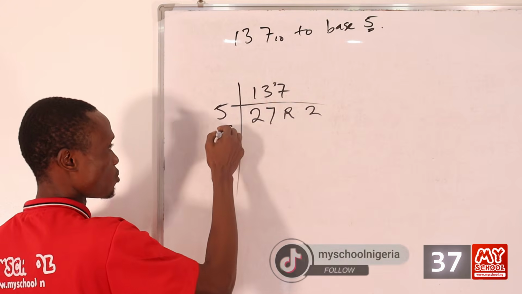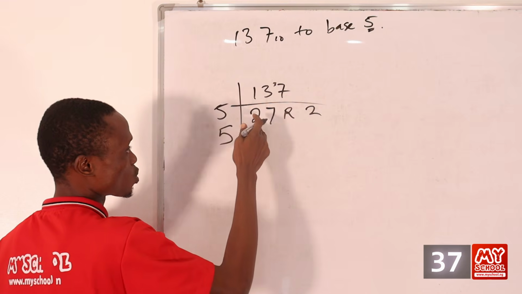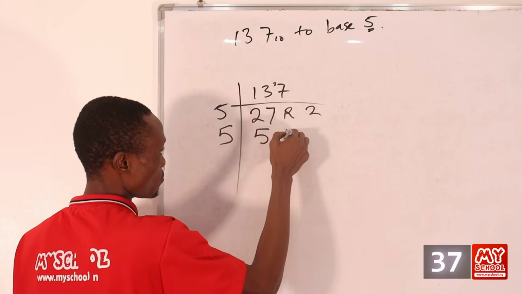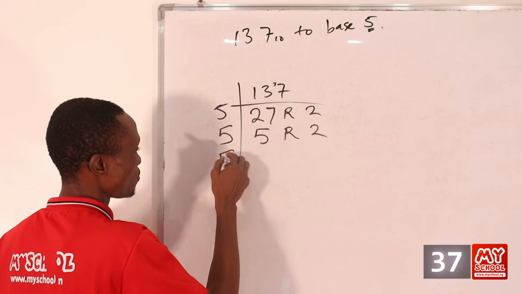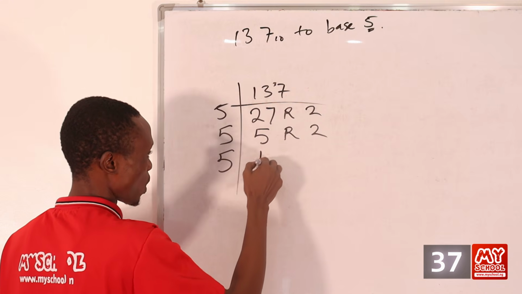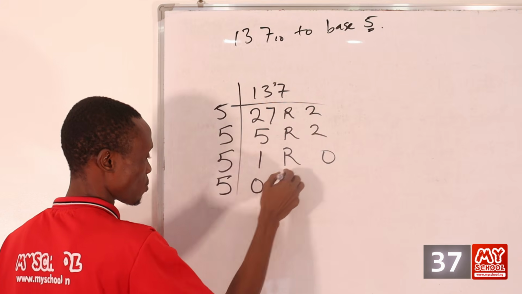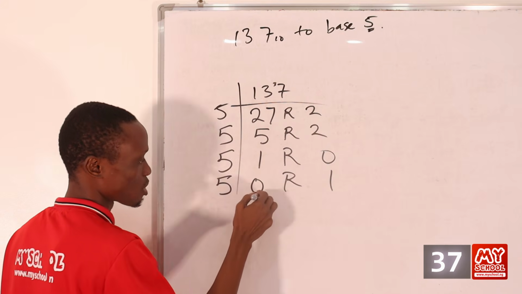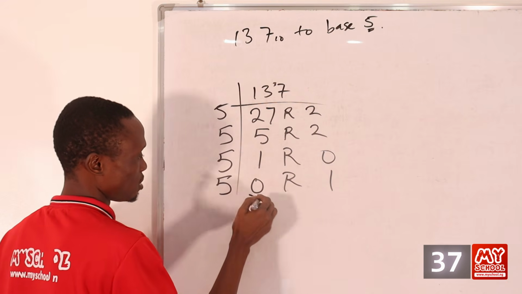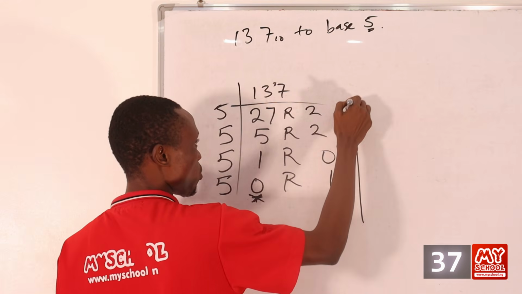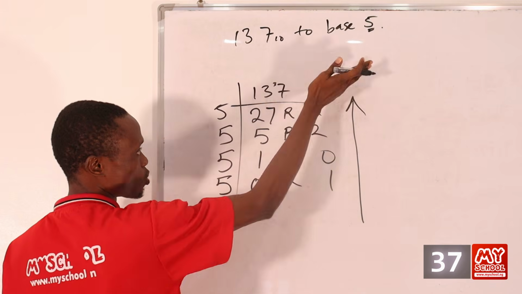Then we divide again. 5 into 27, that will be 5 remainder 2. Then 5 into 5, that will be 1 remainder 0. Then 5 into 1, that will be 0 remainder 1. So once you have 0 here, you stop dividing, and you read your answer upward, from bottom to up.